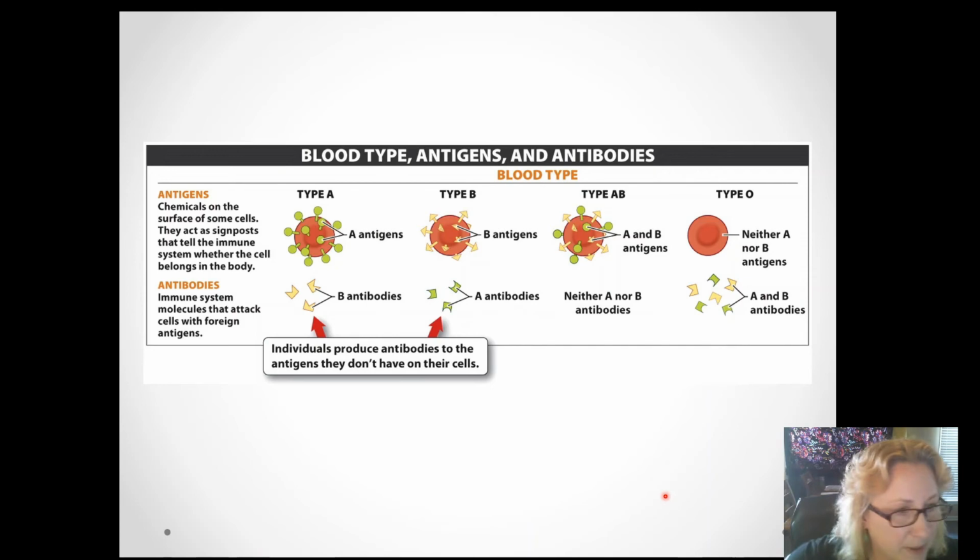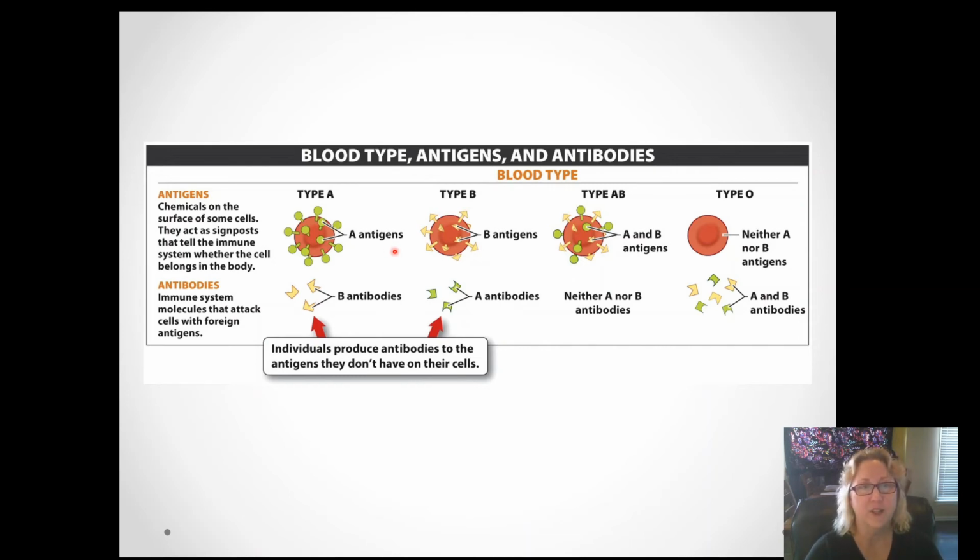So probably you know that certain blood types can donate to other blood types, and it depends on the recipient's blood type. And the reason is because of something called antibodies in our blood. Anything that your immune system might react to is an antigen.